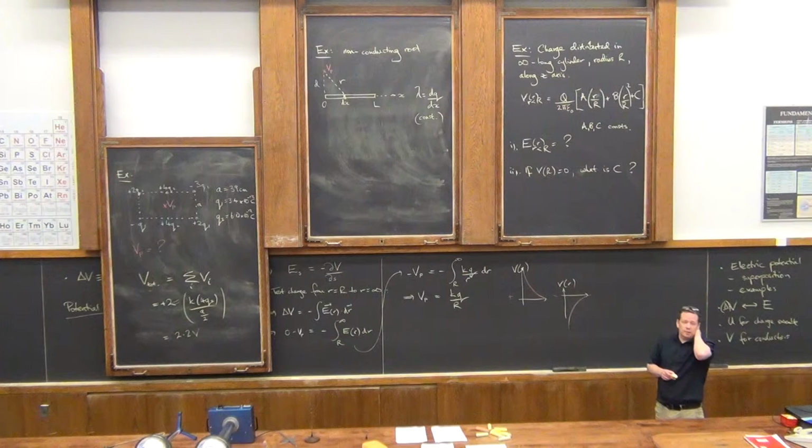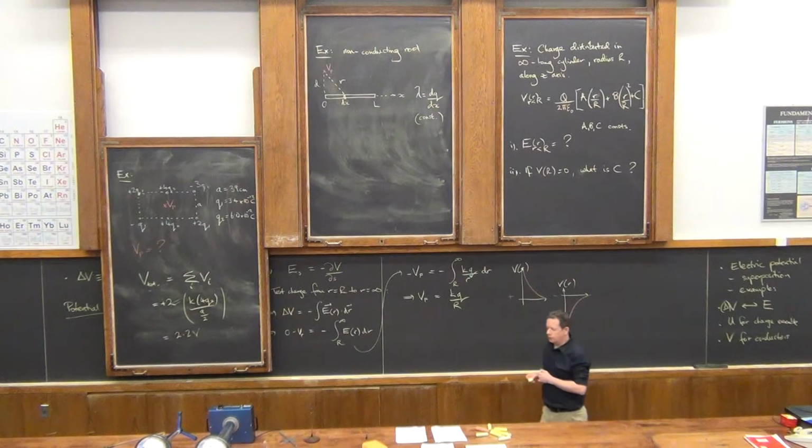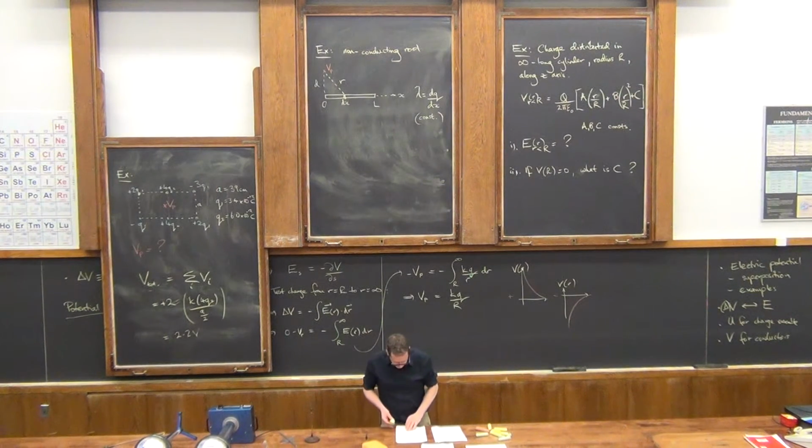But now I'm going to calculate this in terms of electric potential. So it's a scalar. I don't care about directionality anymore. I just care about magnitude. And so that makes my life an awful lot easier.